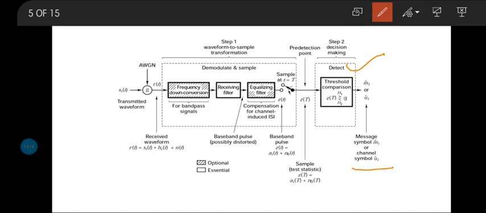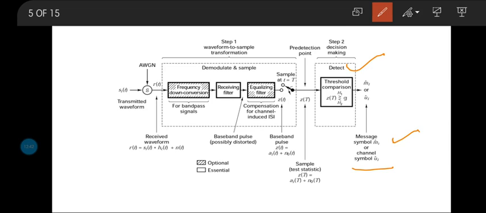When error correction coding is involved, we represent it as U_i cap, which is an estimated value. If the error correction coding is not present, we call the detector output the message symbols, represented as m_i cap, which is again an estimate of message symbols.